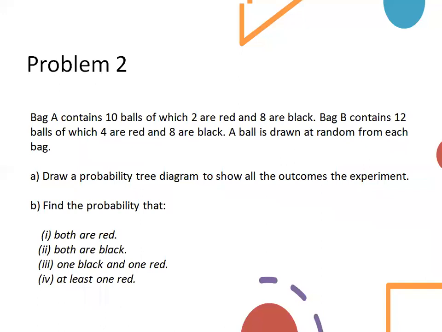One ball is drawn from bag A and then one ball is drawn from bag B. Draw a probability tree diagram to show all the outcomes of the experiment. The next question is, find the probability that both are red, both are black, one black and one red, at least one red. Let's construct the tree diagram.